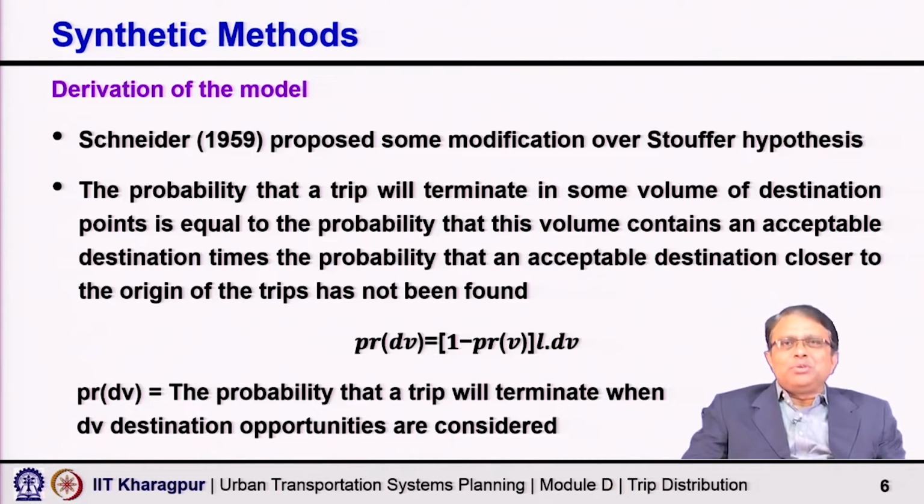That means, in the example of the 5th suburban station, what is the probability that a destination can be found around that 5th suburban station, times the probability that an acceptable destination closer to the origin of the trip has not been found. Meaning, multiplied by the probability that a destination could not be found in suburban stations 1, 2, 3 and 4.